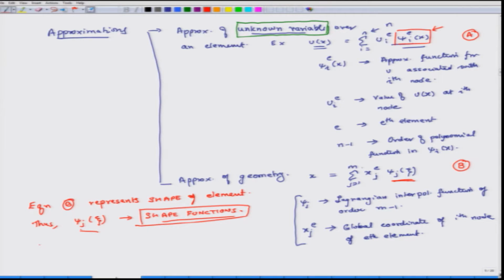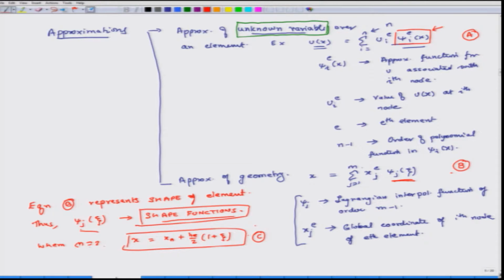Now, I will once again say, when m is equal to 2, then x is equal to xa plus He by 2 times 1 plus zeta, right. So, in this case this equation and this equation become the same, equation C and B become the same.